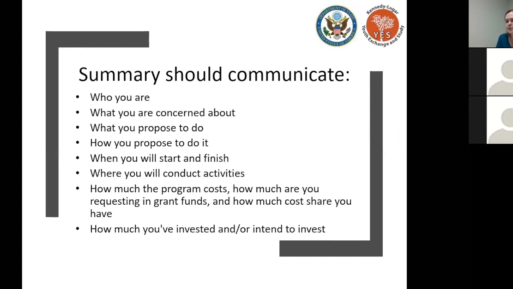And for that last point, it doesn't necessarily mean you're investing money. It can mean what you've invested in terms of your time and other activities that you've done.